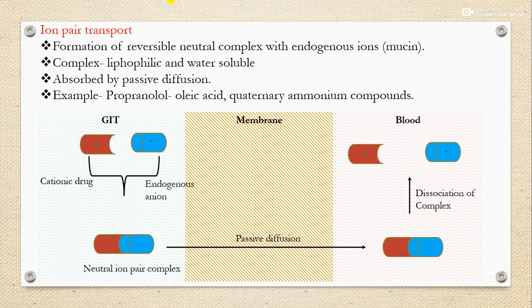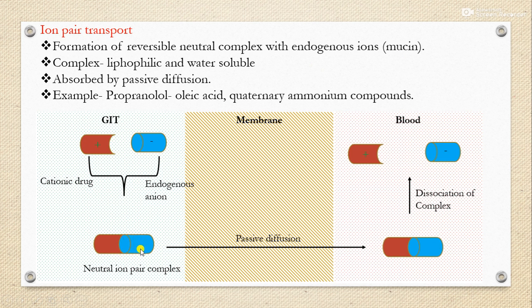So in this figure, you may see a cationic drug and an endogenous anion, which is nothing but mucin or mucin-like compounds. Due to their charges, that is positive and negative, they are attracted and combine to form a neutral ion pair.